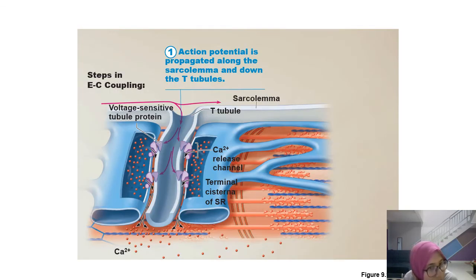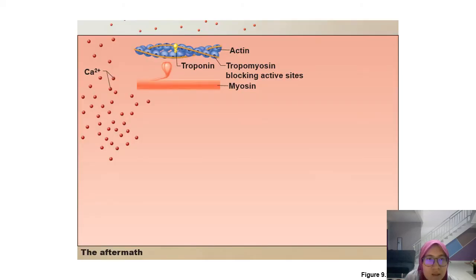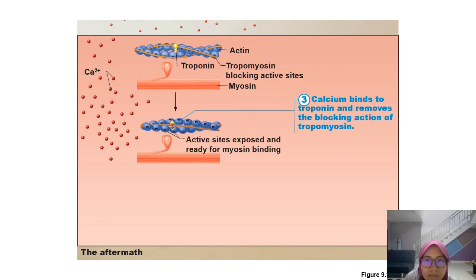Okay, we see a bigger picture here. Step 1 in excitation coupling: when the action potential is propagated along the sarcolemma and down into the T tubule, it causes the calcium ion to be released. After the calcium ion is released, the calcium binds to troponin here and removes the blocking action of the tropomyosin.